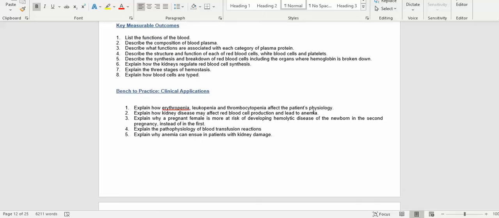In each one of these, there is a bench to practice clinical applications. I am not going to be formally doing this. This is kind of a lead up, and it's for context as to how this fits in with pathology, which will be courses that you take in the future. It's not going to be tested, and it's not going to be part of the learning outcomes.